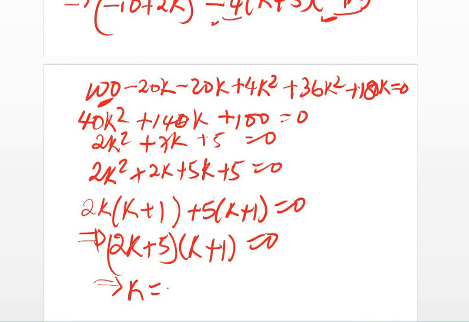So our k will be negative 1, or k is negative 5 over 2.